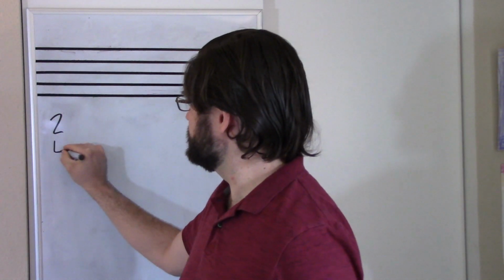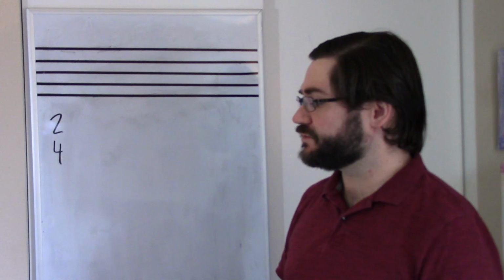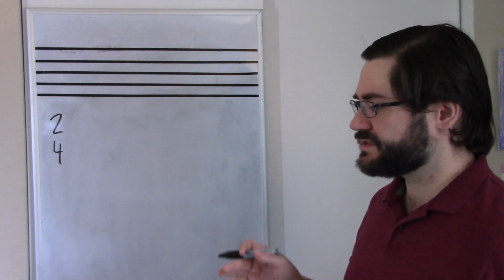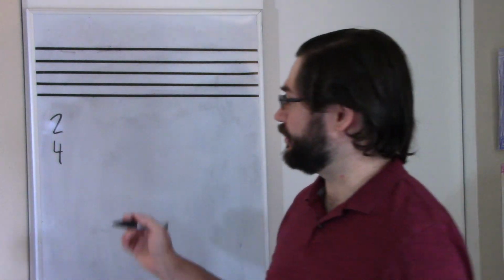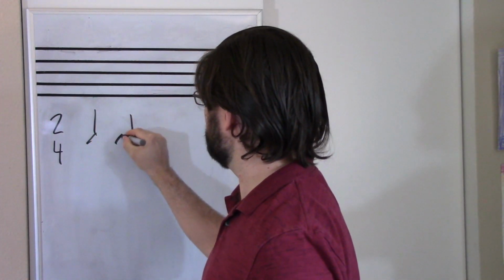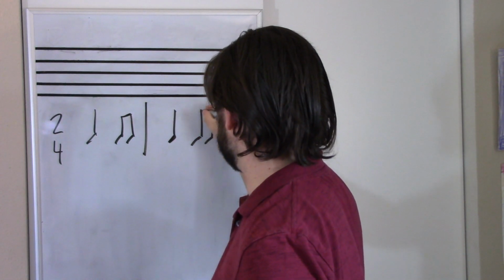Number 169. We are still in 2/4 time. So still 2 beats in a measure. And we're still working with eighth notes and eighth rests. So when we look at this, the first 2 measures are quite simple. You have quarter note, 2 eighth notes, quarter note, 2 eighth notes.